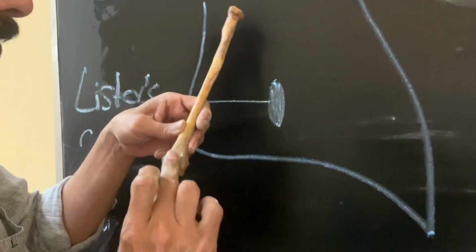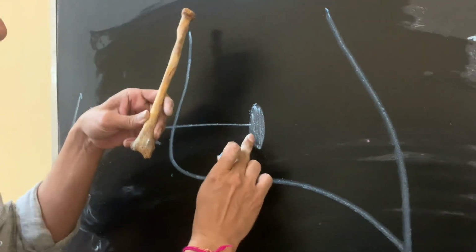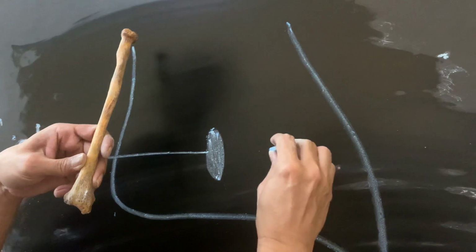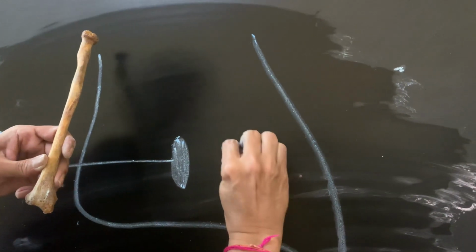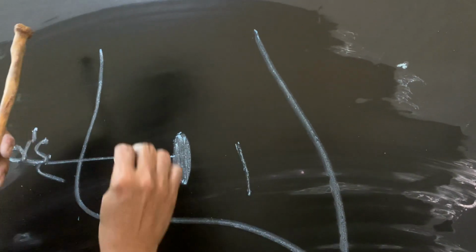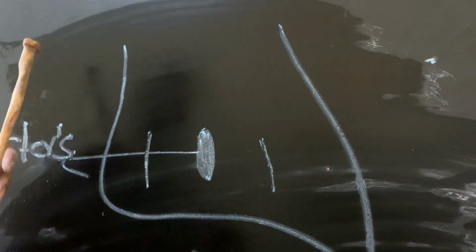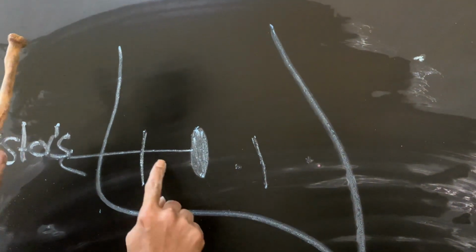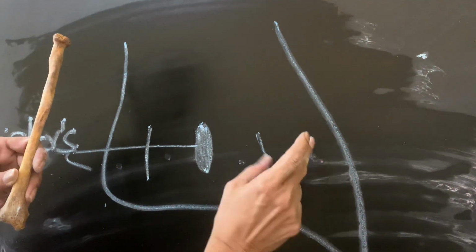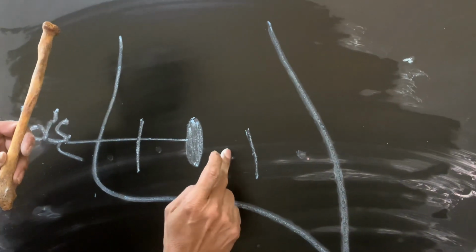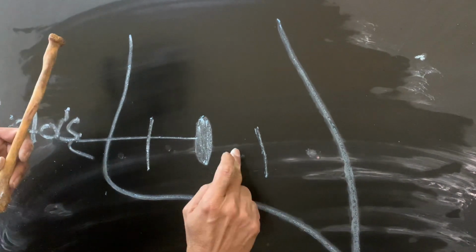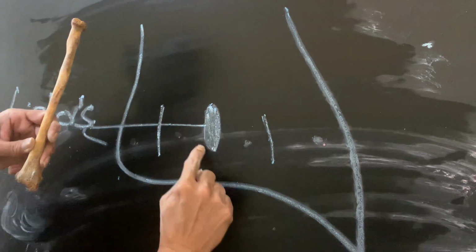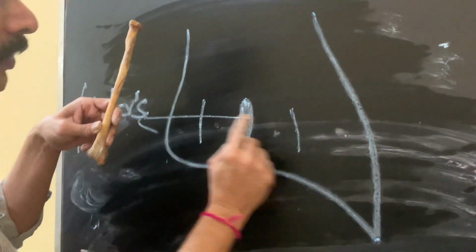This posterior surface also has faint ridges, thereby dividing it into numerous grooves: the lateralmost, second, third, fourth. These are 4 grooves, and this is a prominent tubercle, Lister's tubercle, and faint ridges.